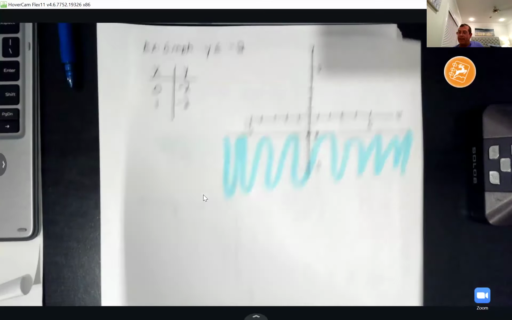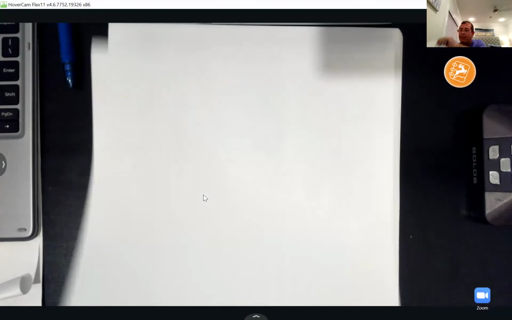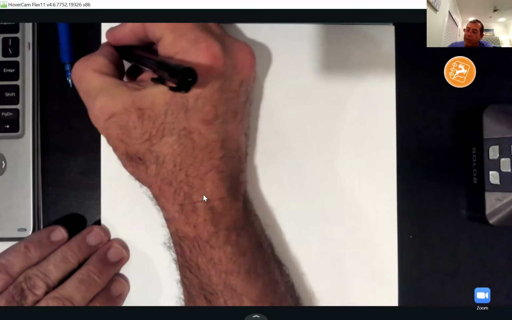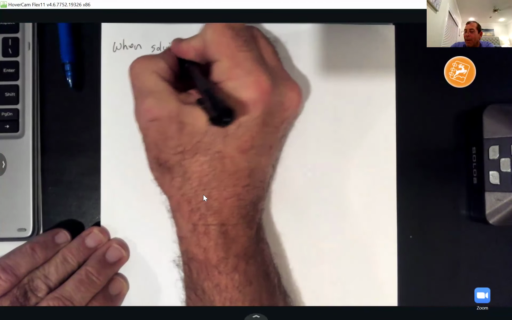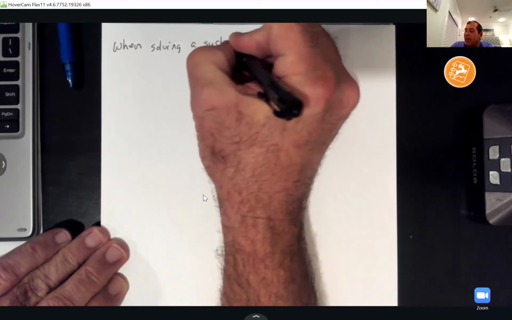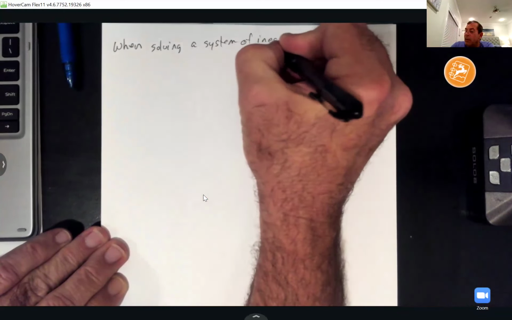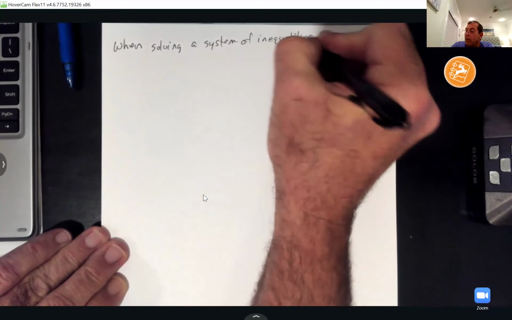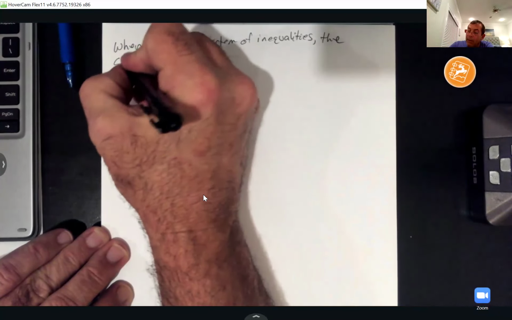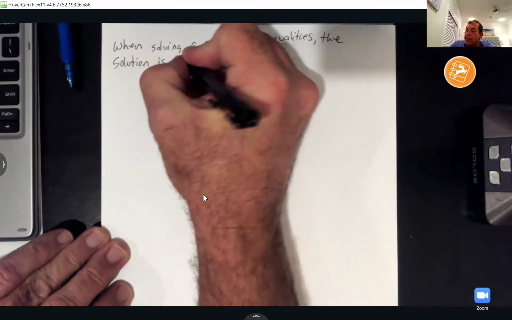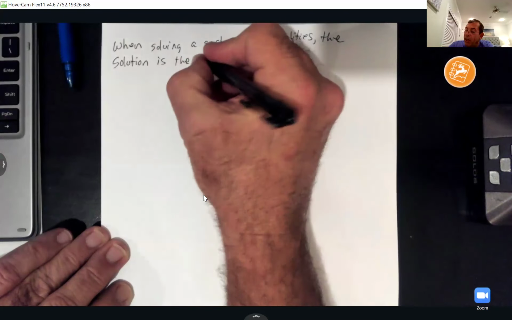So y'all, here's the thing. We learned all that shading for one problem that I got coming up. We're going to solve a system of inequalities. So y'all watch this. When solving a system of inequalities, the solution is the double shaded region.